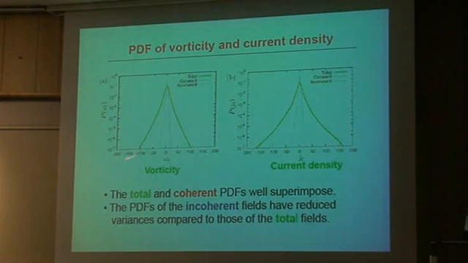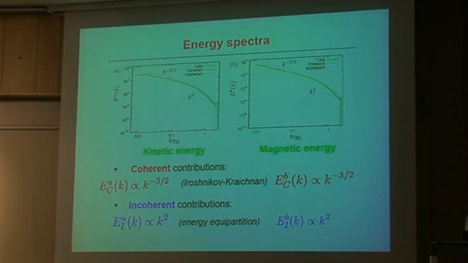If you look at the PDF, green and red superpose, that means we get for both vorticity and current density exactly the PDF with only this 3% of the coefficients. And the remaining leftover, the noise, is this blue, whose variance is very reduced. If you look at the spectrum, we get the Iroshnikov-Kraichnan spectrum here. The total and coherent superpose perfectly. It's obvious because you retain 99.8 or 9% of the energy, so the two spectra are going to be the same.